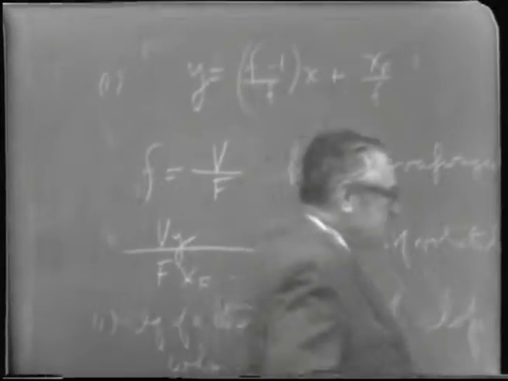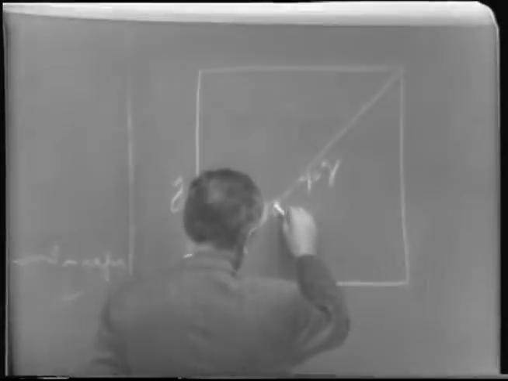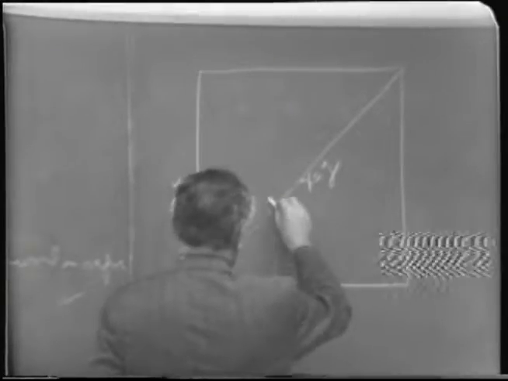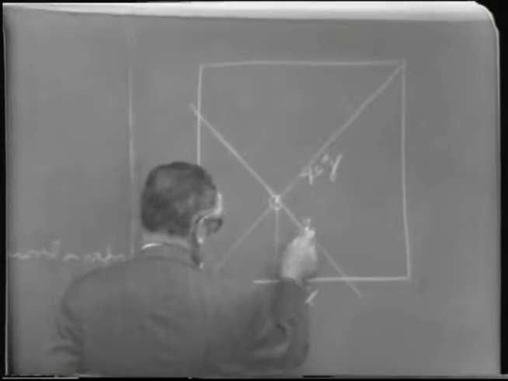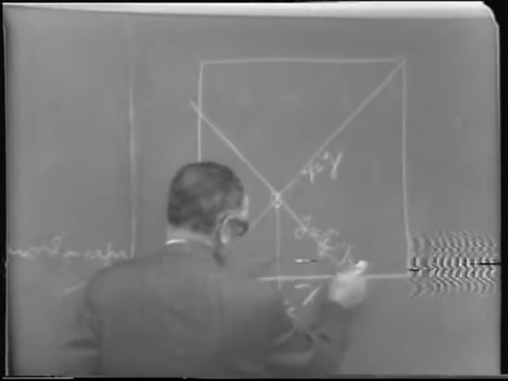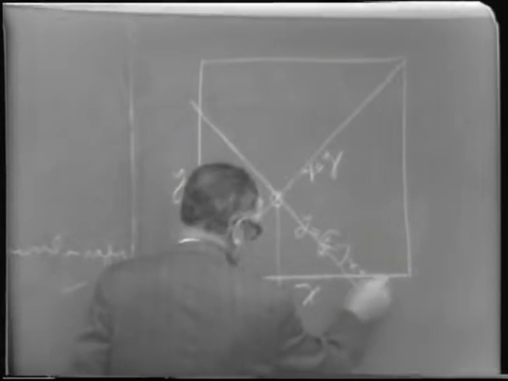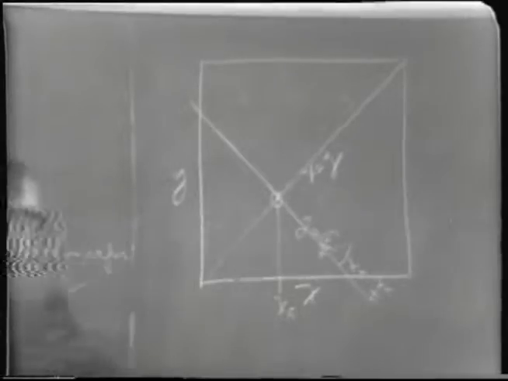So in that case, the equation of a straight line would have a slope of minus 1 and pass through this point. So it would be a line something like that. This would be y is equal to (f minus 1) over f times x plus x sub f over f, this equation number 1 here.